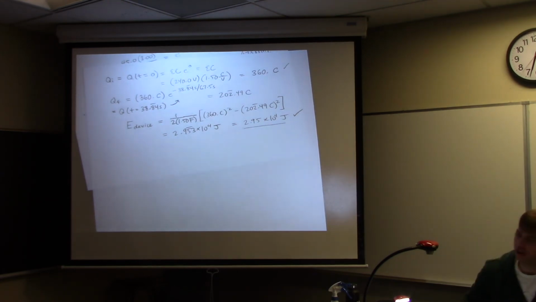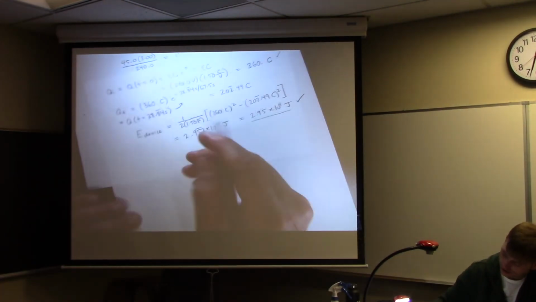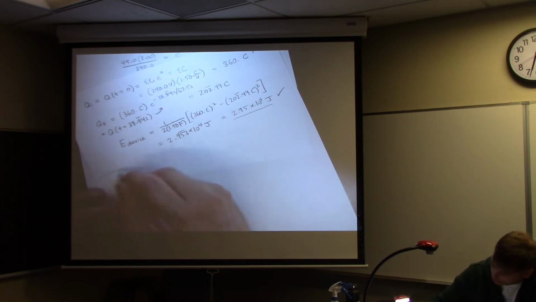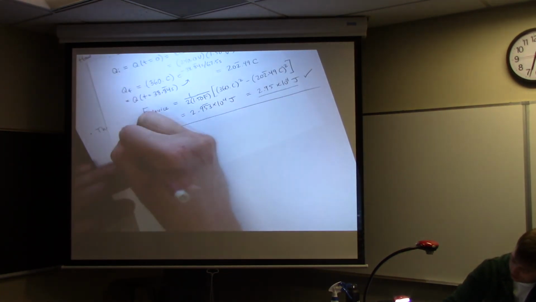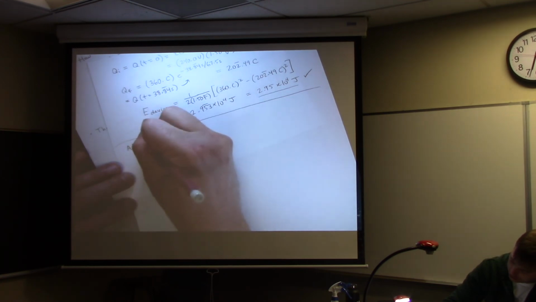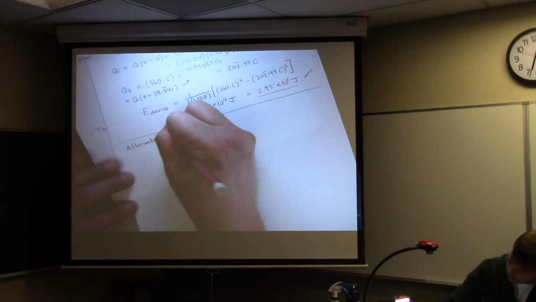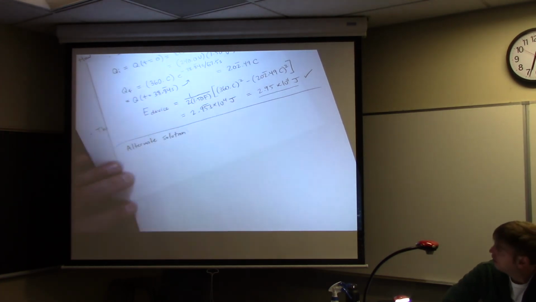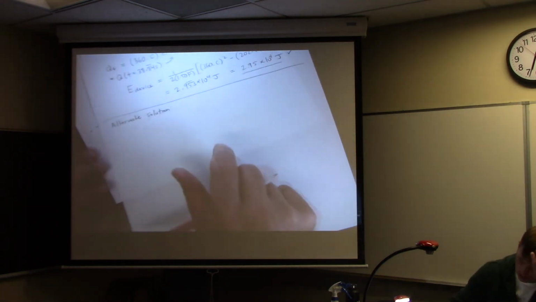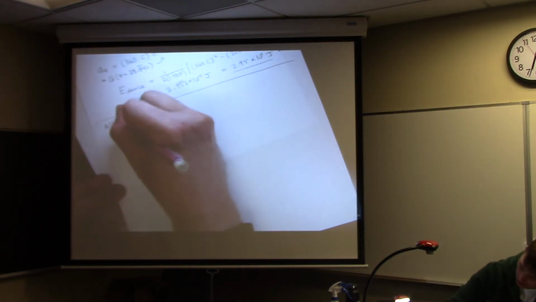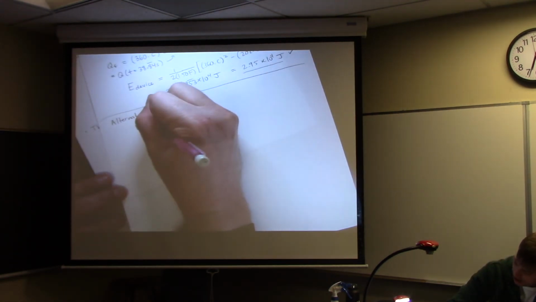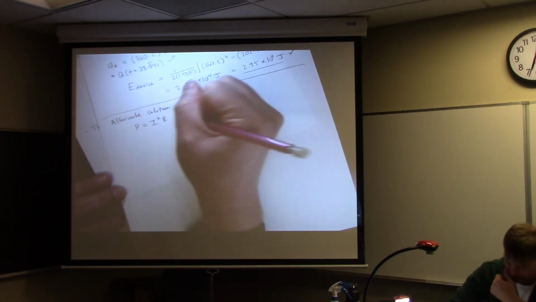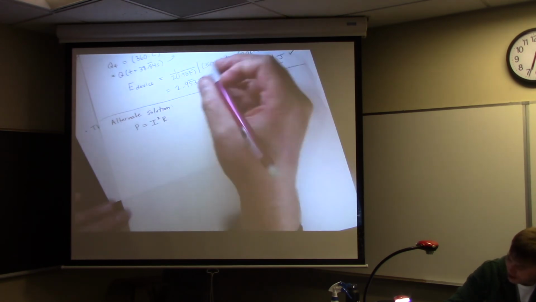Okay, there's actually another way to do this. Let's call this our alternate solution to the second question. It's to think about power. Okay, so the power for the device is I squared times R. And we know exactly what I is equal to, right?